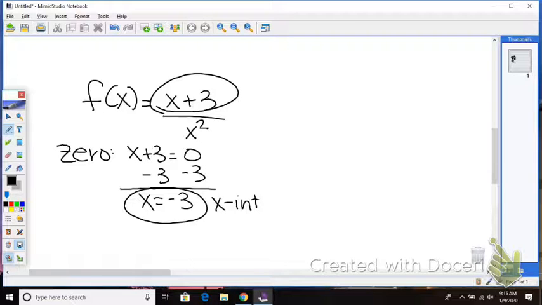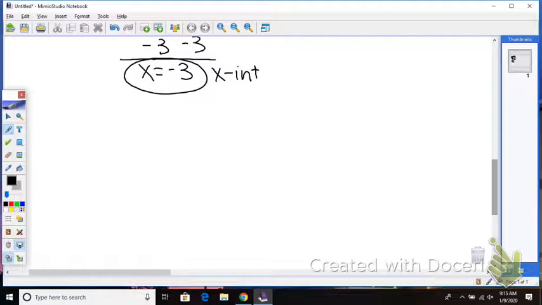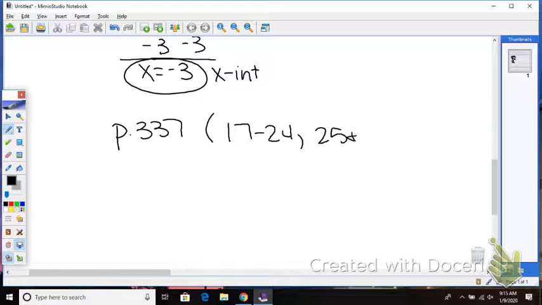Okay. Here is your assignment that you're going to add on to yesterday's, and I would like to go over it in class today. Page 337, 17 to 24. For these, you're just finding the zeros.